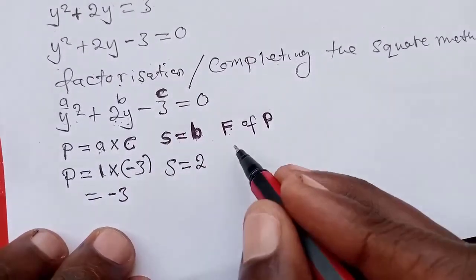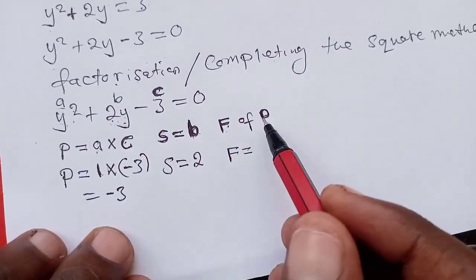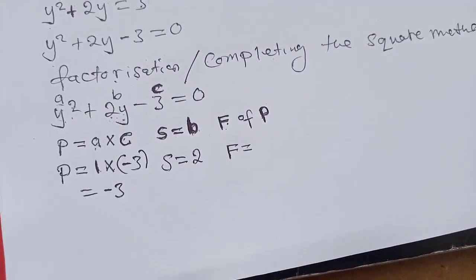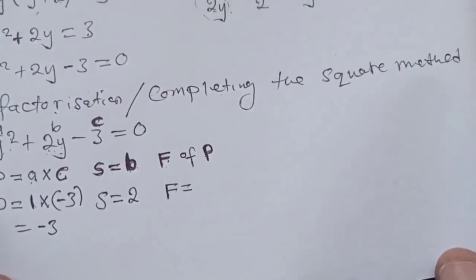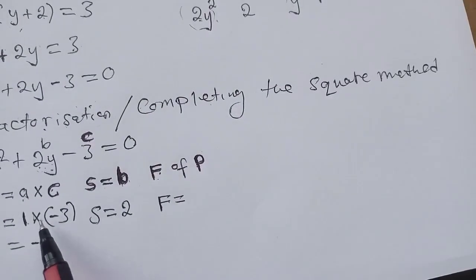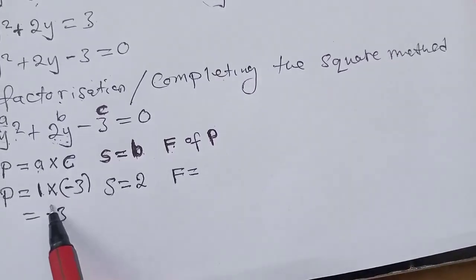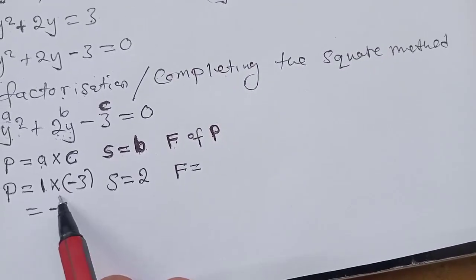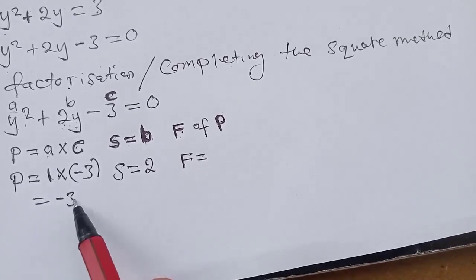Then here we are trying to find the factors of the product. The factors of the product are 2 numbers that when you multiply them, they should give you -3.